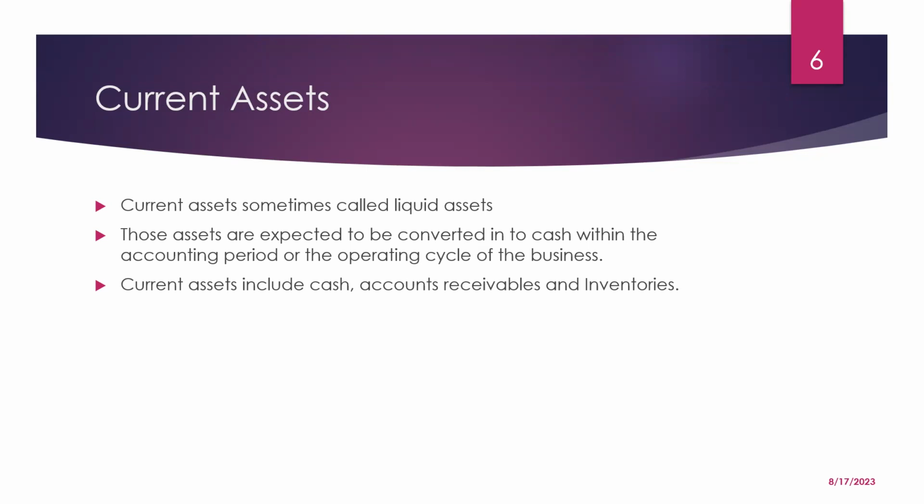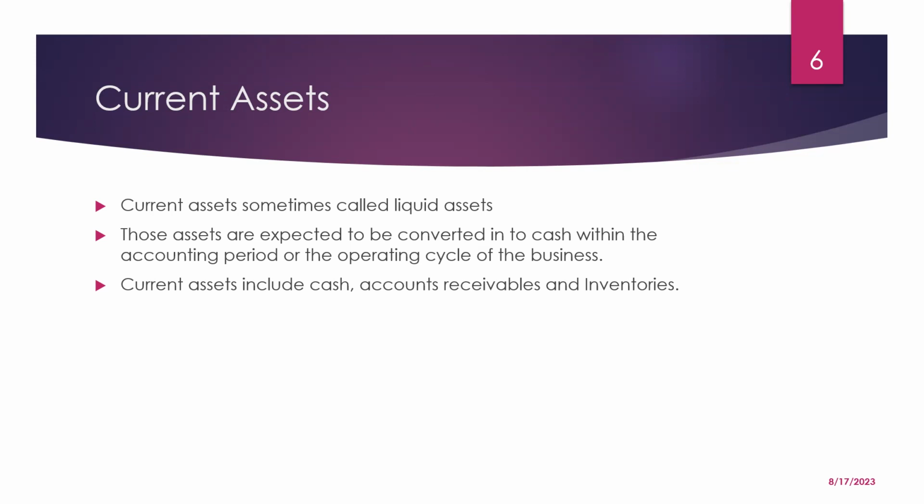Then you call that particular asset a liquid asset. So you have a particular asset, and if you need some money, you can straight away convert it into cash. The loss that you generate is really low, or you don't incur a loss. Then those assets are known as liquid assets.